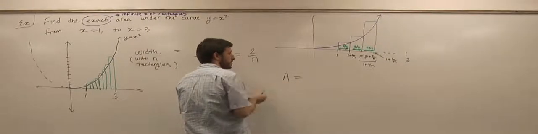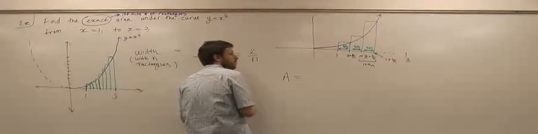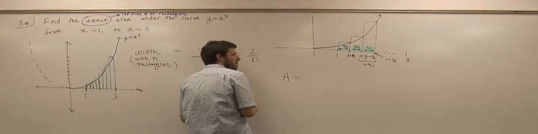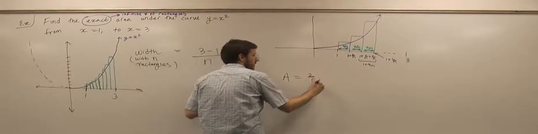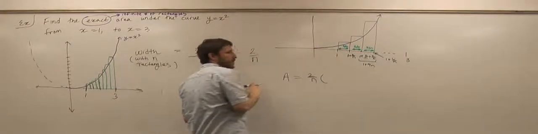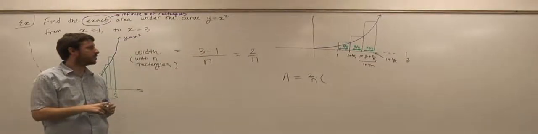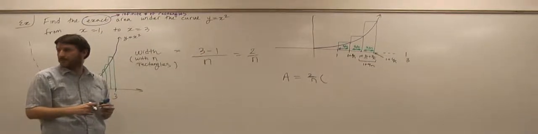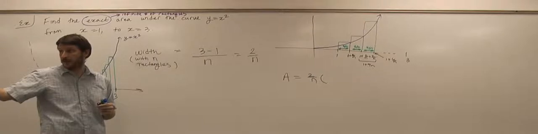Area equals, what's the width of my rectangle? 2 over n times what's the height of the first rectangle? 1 plus 2 over n squared, right?